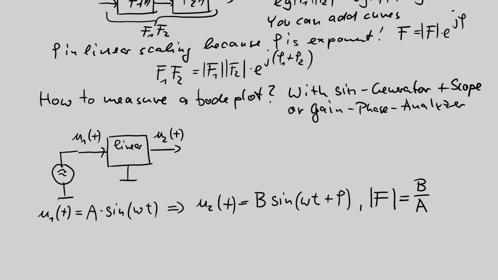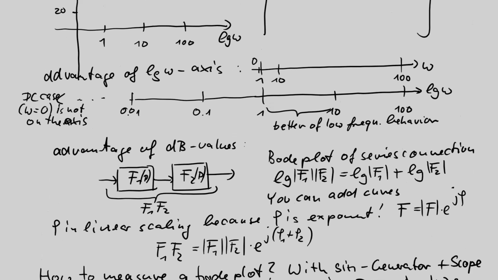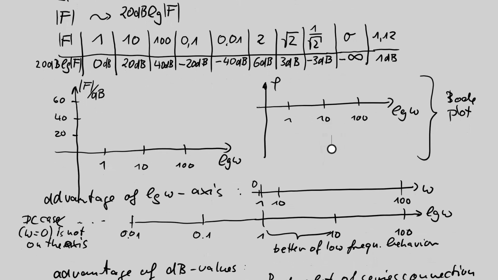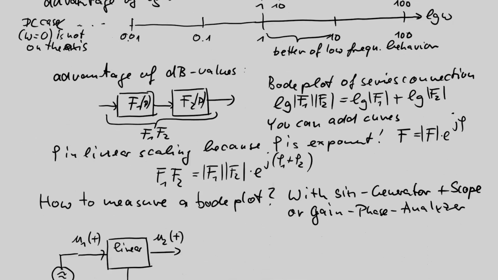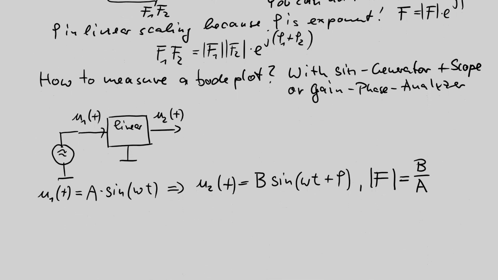So this is the connection. The phase shift of the two sinusoidal signals gives the phi values in the phase curve, and the magnitude curve contains points, and each point is the ratio of output divided by input amplitude of the sinusoidal signal at this frequency.